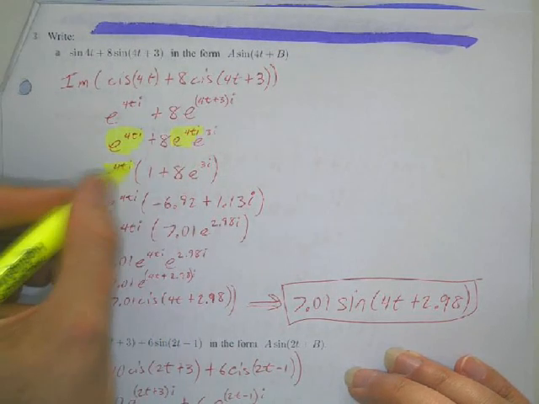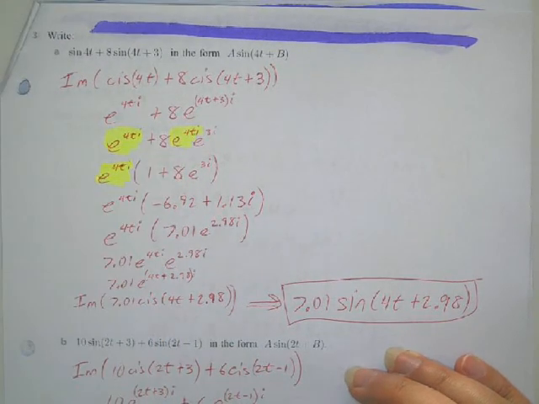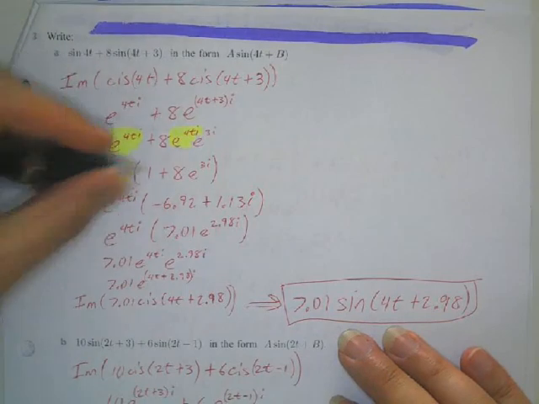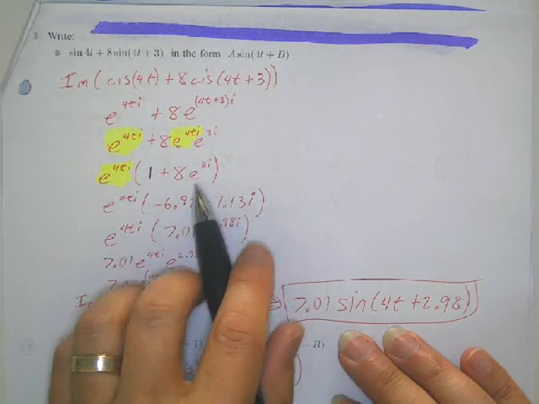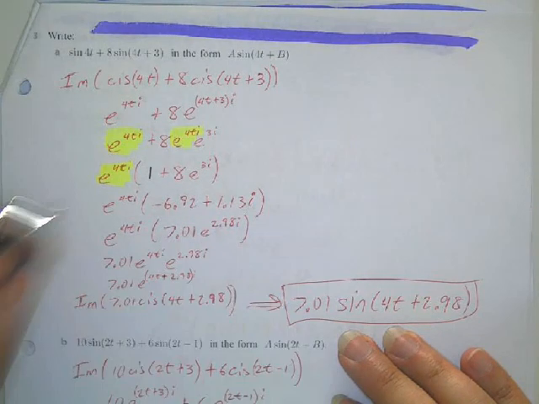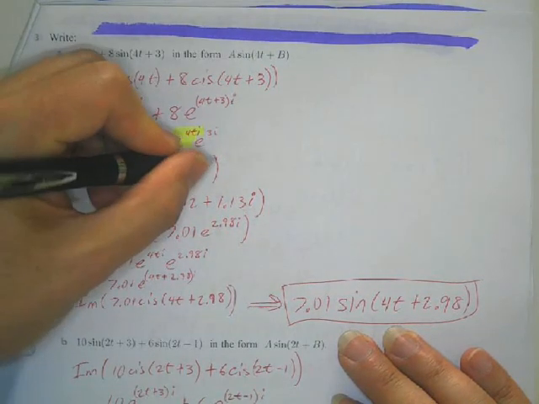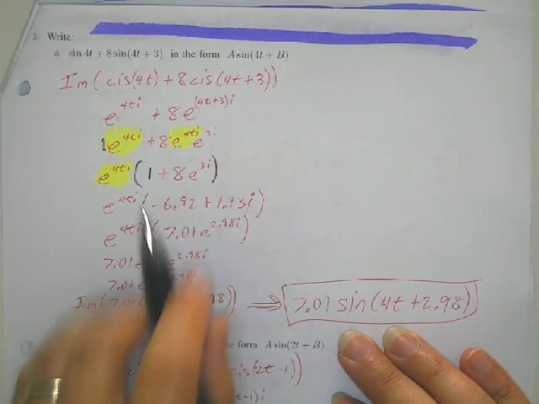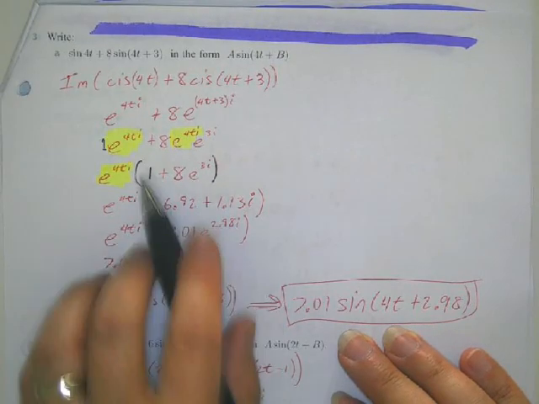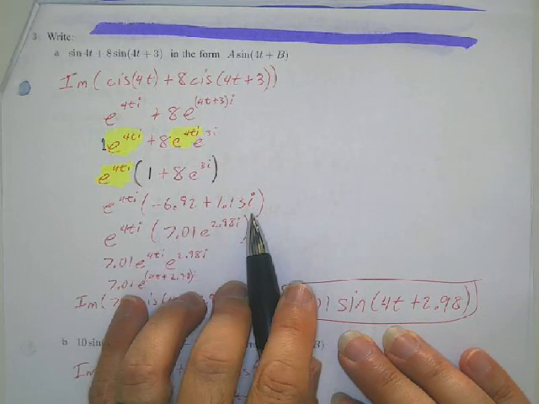We've got that factored out, and so we're left with 1 plus 8e to the 3i. Right, let's just put a 1 there. Okay, use my calculator. We get this imaginary complex number.